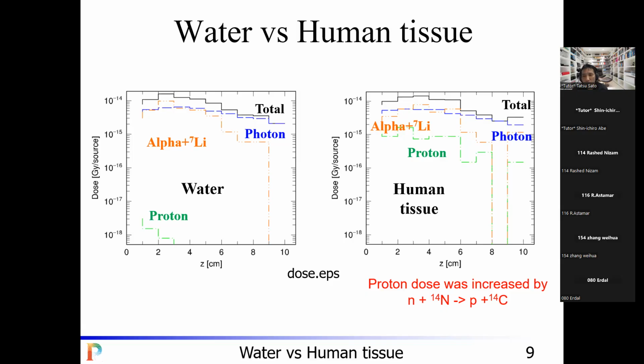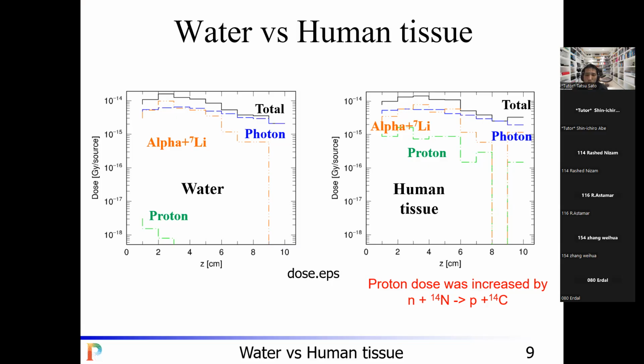So nitrogen 14 produces rather high energy protons, roughly 0.6 MeV. So it deposits some amount of energy like this.